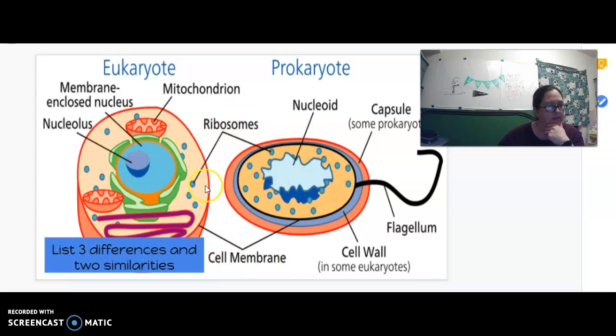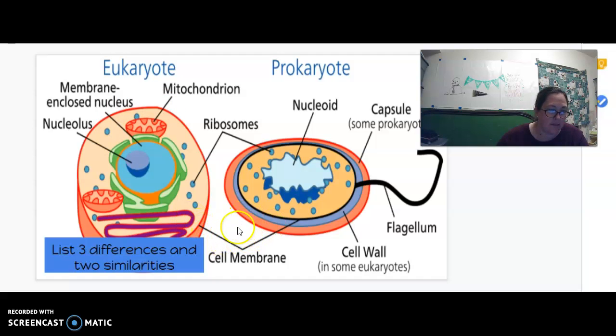Differences. Eukaryotic cells, they have organelles. We keep our DNA in the nucleus. What else? Prokaryotic cells have a cell wall. Eukaryotic cells, this is an animal cell. So this one does not have a cell wall, but plant cells do have a cell wall.